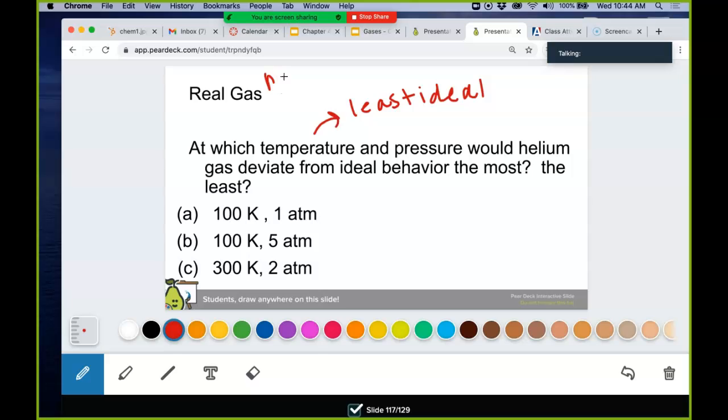So most ideal is when you're not under a lot of pressure and you're nice and warm, cozy, high temperatures, okay? So least ideal is too much pressure and freezing cold, not enough temperature. So that's going to be B. Low temperature, high pressure is least ideal relative to the other two.